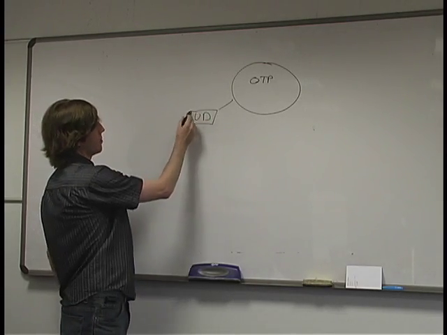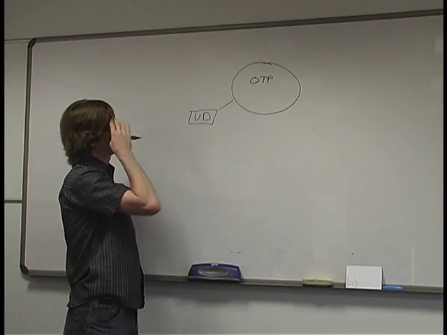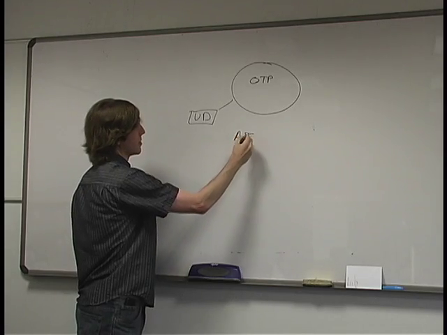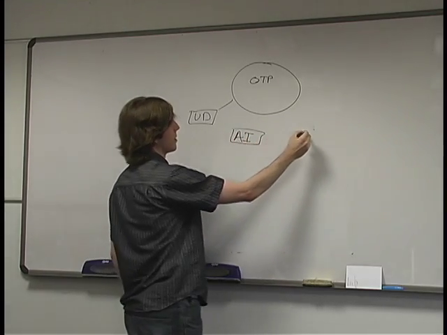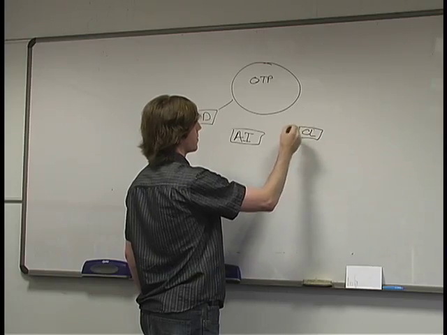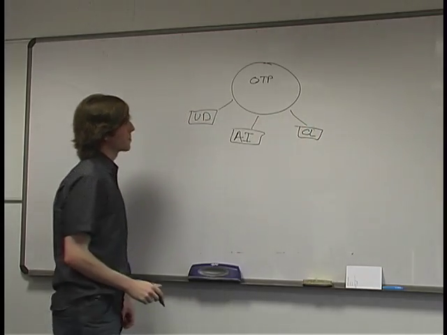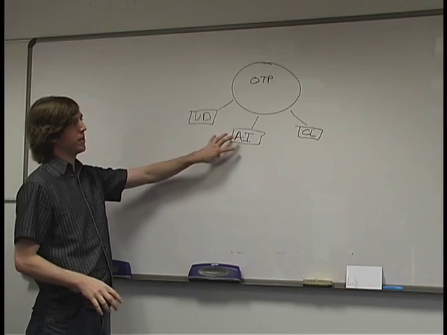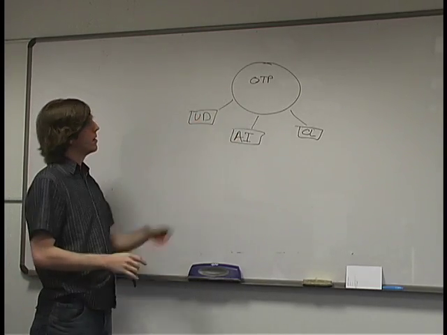We have three main clients to the OTP server: the UberDog processes, the AI processes, and the client processes. Yes, the AIs are servers in their own right, but they're also clients of the OTP server.